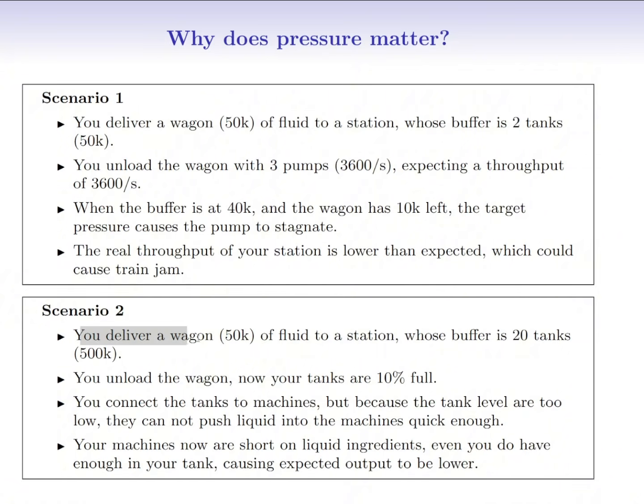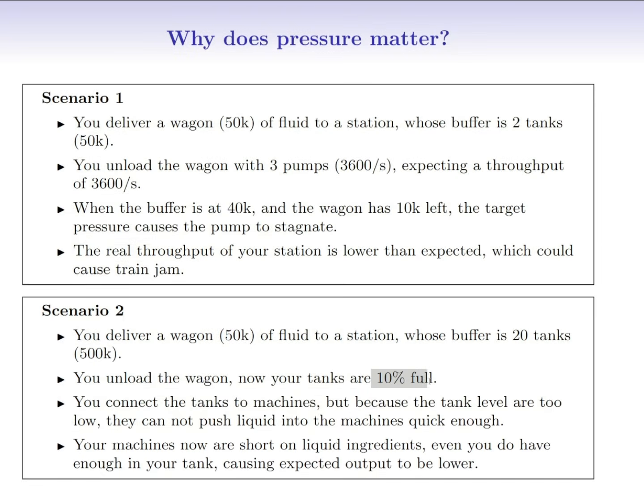Okay, now another scenario, the opposite scenario. If you deliver 50,000 fluid to a station which has, say, 20 tanks, 20 liquid tanks, that's 500,000 capacity. You unload the whole wagon, and now your tanks are 10% full. Suppose now you have a factory that uses the liquid from this tank, but because the level of the tank is so low, it's only 10%, they cannot push liquid to the machines quickly enough, right?